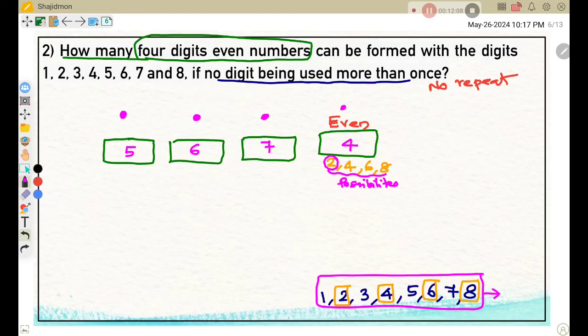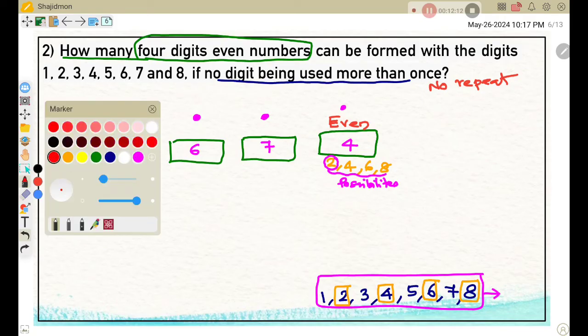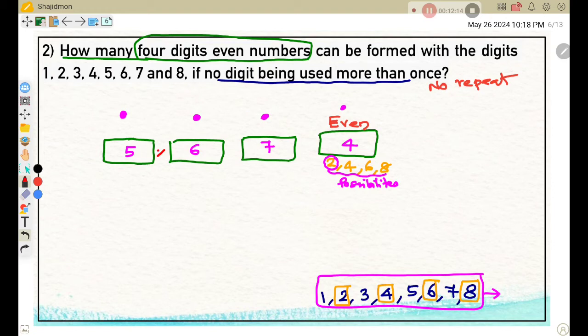So as per the fundamental principle of counting, or multiplication rule, the total number of ways is 5 multiplied by 6 multiplied by 7 multiplied by 4. That means you will get 840. So 840 ways we can form 4-digit even numbers. Hope you understood this question.